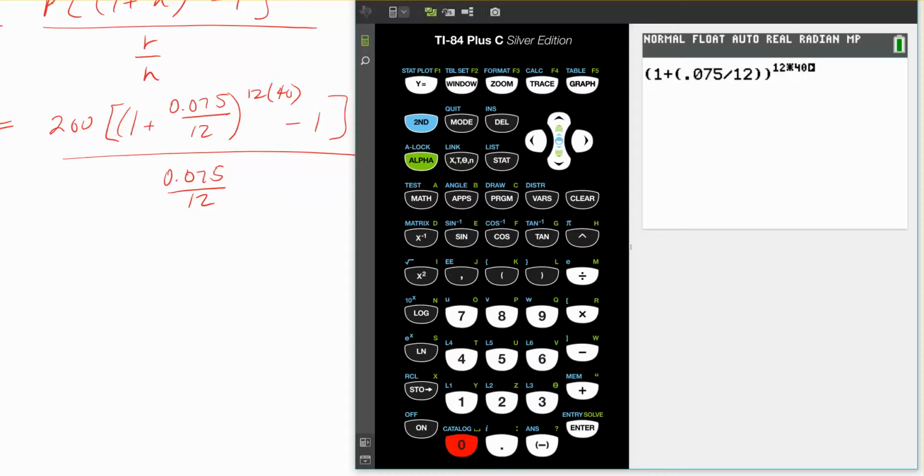Come out of the exponent position, and I'm going to subtract 1. You don't have to do all of that in your calculator if you don't want, but that's what I'm going to do. So I have 18.89.